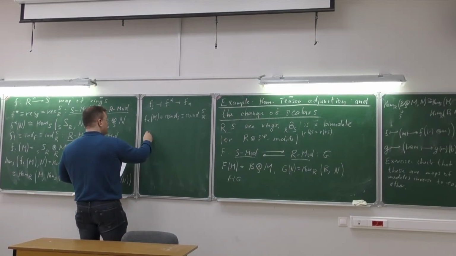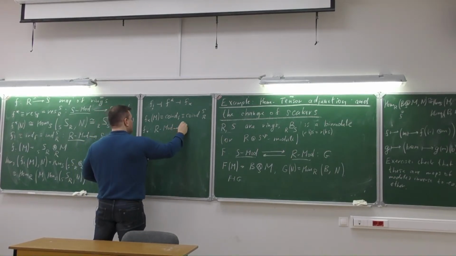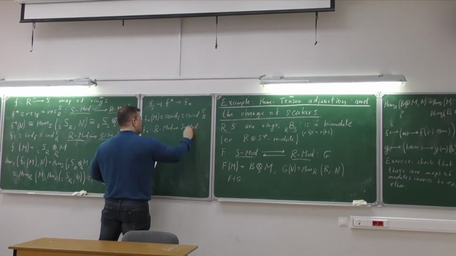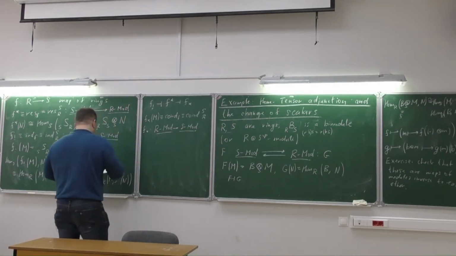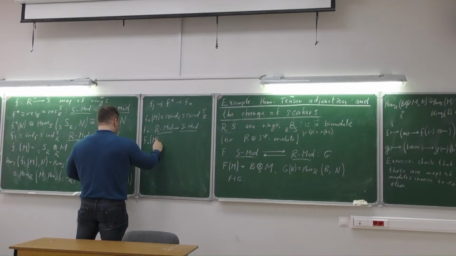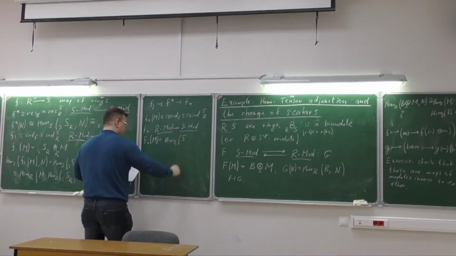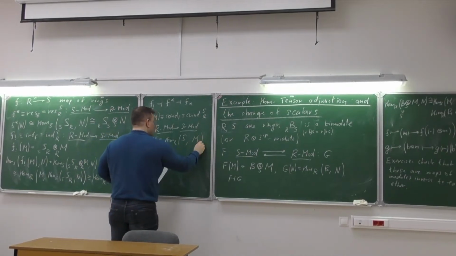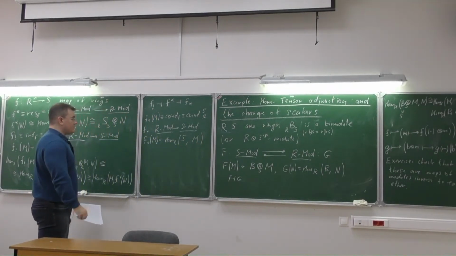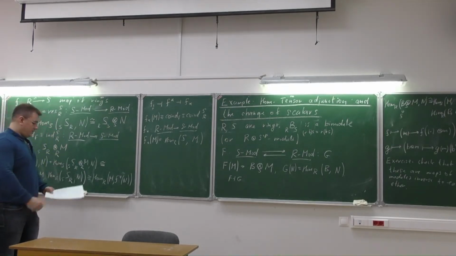So that's a functor from the R modules to the S modules. And by definition, this is the Hom over the ring R between the bimodule S and the module M. So in bimodule S, in this Hom we use the left R module structure.